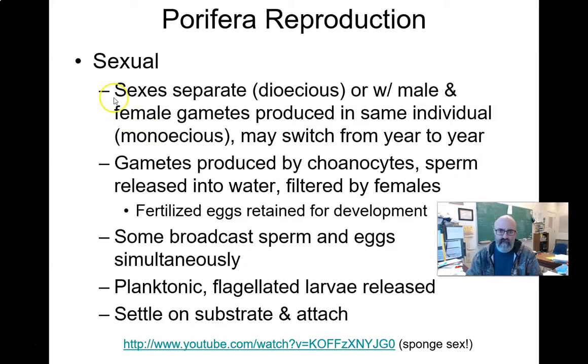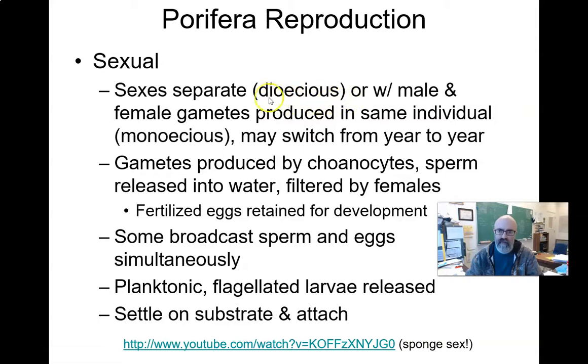Sponge reproduction. We can fit this into sexual reproduction. In other words, it takes a male and a female, a gamete from a male and a gamete from the female are exchanged. Sponges can be what is called dioecious or monoecious.